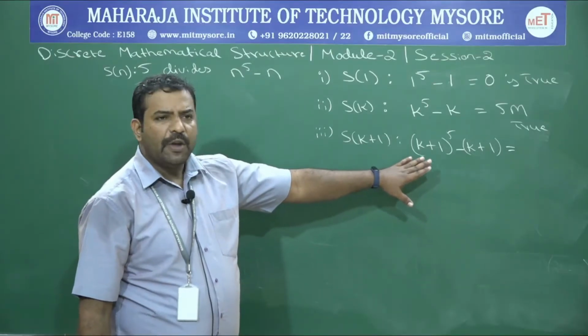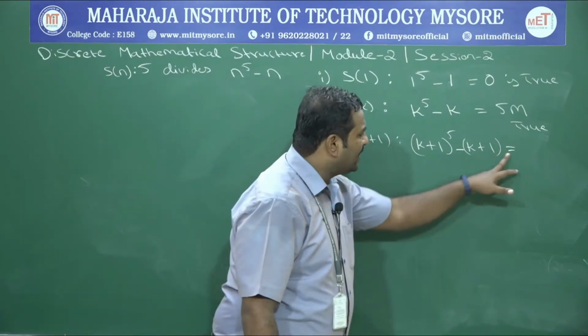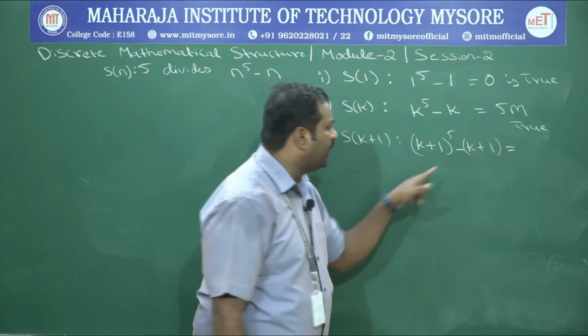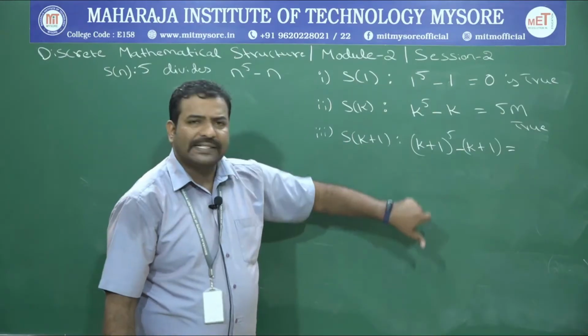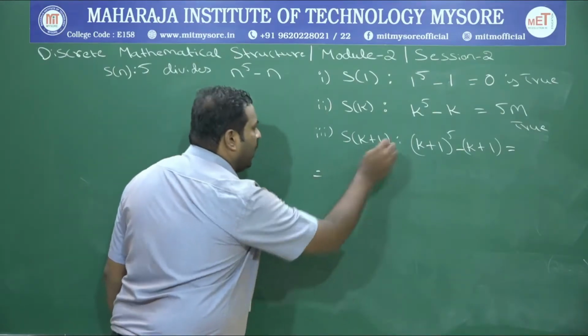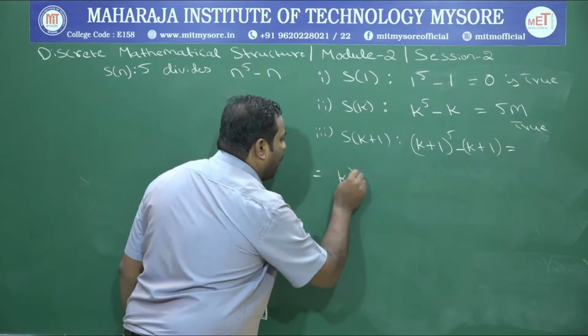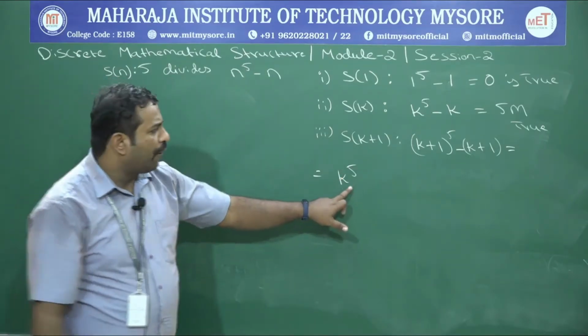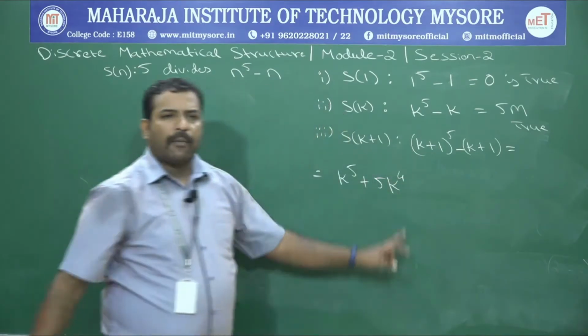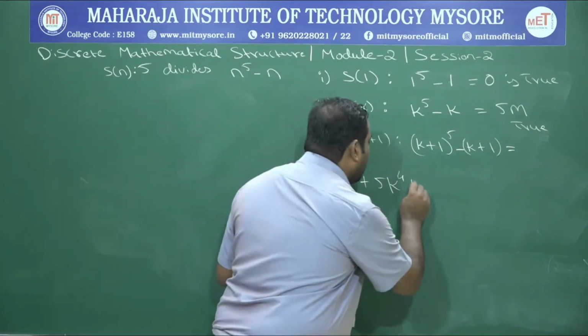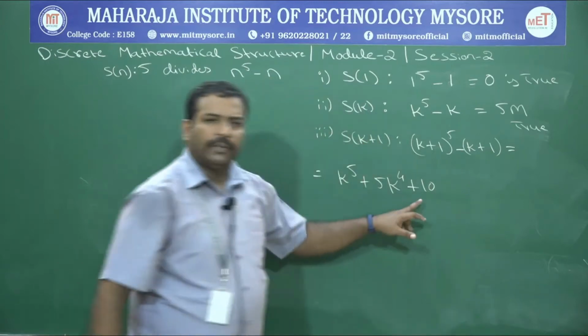Hence, let us simplify this statement. If I simplify this statement, what exactly am I going to end with? I'm going to end with k to the power of 5 plus 5k to the power of 4, plus 10. I'm just trying to simplify this.